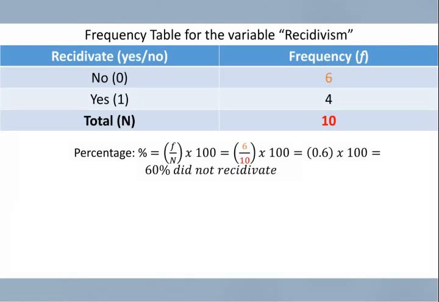If you fall behind a little bit, go back and try color-coding those numbers, and it should help you out. So we have no, which is the frequency of 6 divided by the total of 10 times 100 equals 60%, right? So in our little example, 60% of our little sample did not recidivate.